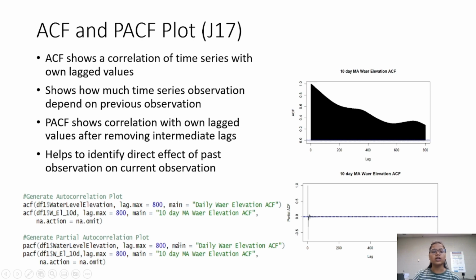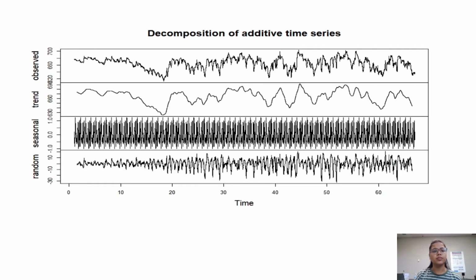For the lag of both the autocorrelation and partial autocorrelation, I have used 800, which means around 2.5 years. After that, I looked at the trend, seasonal, and random components of our 10-day moving average data.